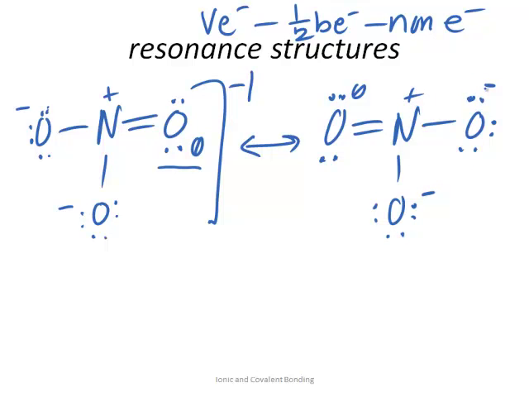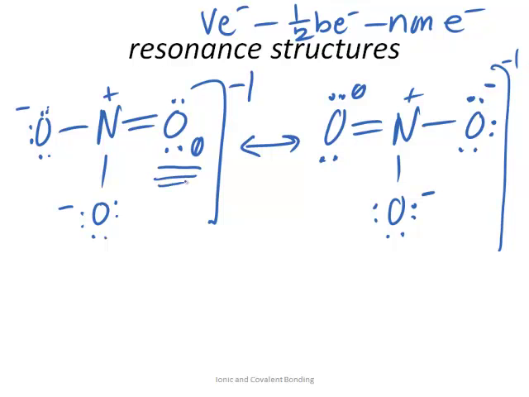Okay, so why didn't we write this? Well, it turns out that that makes a big difference for the individual oxygens. Overall, it's still a nitrate, -1 polyatomic ion. But it turns out that the switching between these two actually does occur in nature.